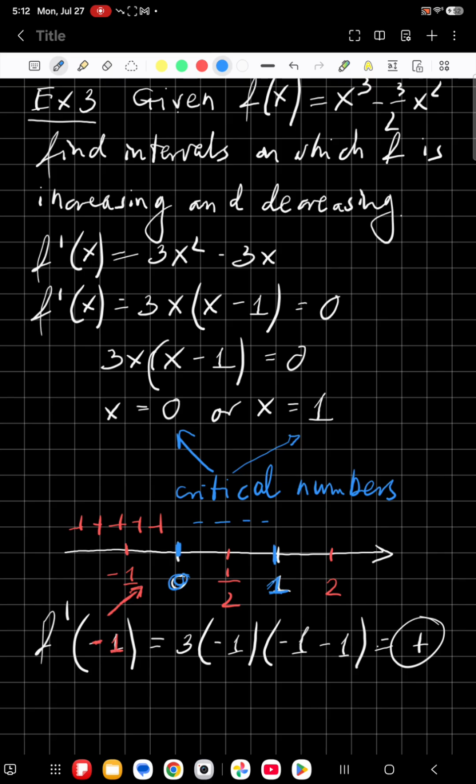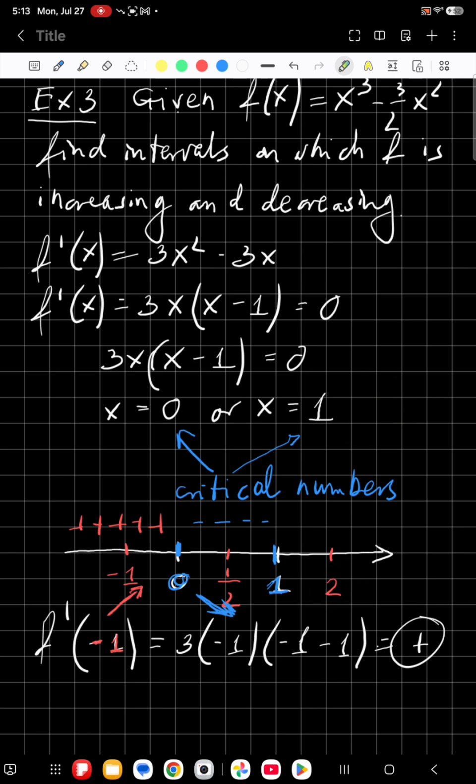So here the function will go down. And you can also see that the 0 will be a maximum, because the function goes up here and then goes down. So maximum.